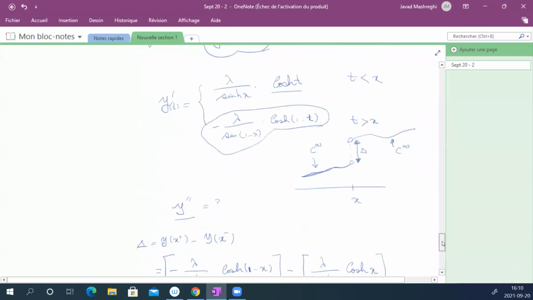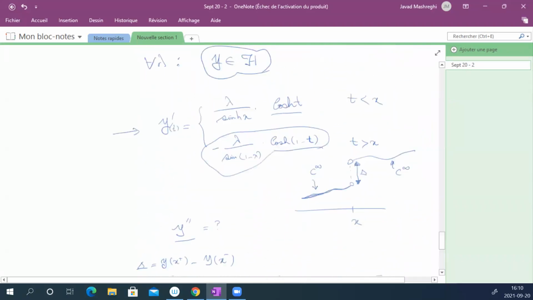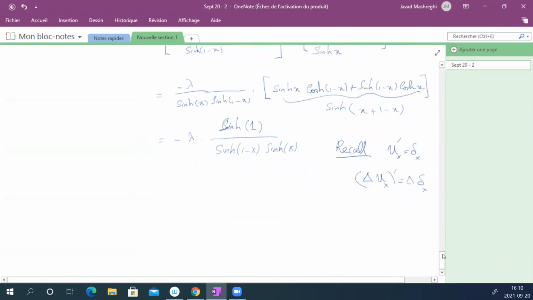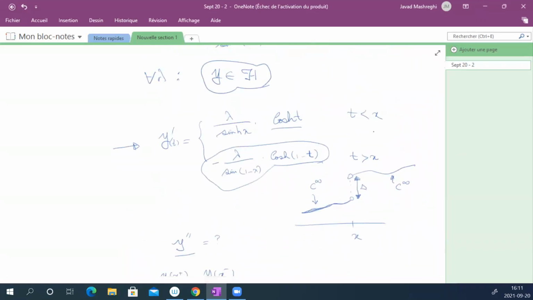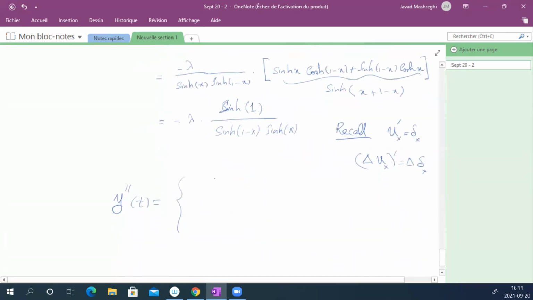So if I want to use this formula and find y double prime with respect to t, here is the place you need to be careful. For t less than x, the derivative of this is lambda over sine hyperbolic x sine hyperbolic t.